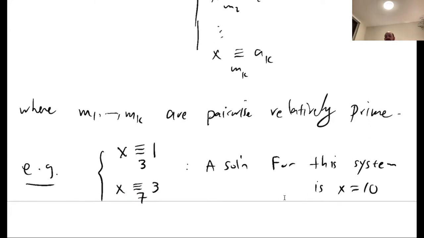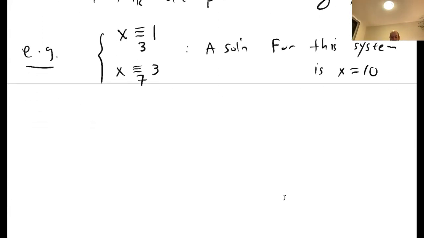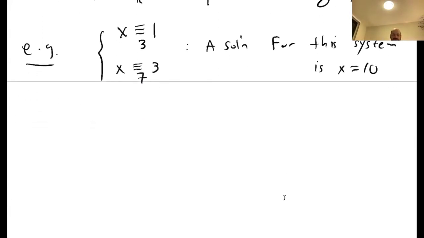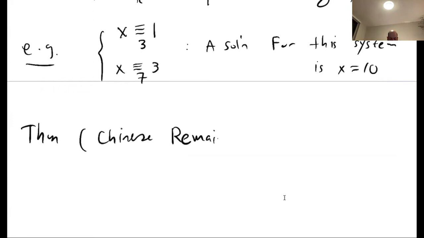It's called Chinese remainder theorem because it's a heritage of a Chinese work, the way that they solved this type of problem or similar problems. So that's why this is called the Chinese remainder theorem.